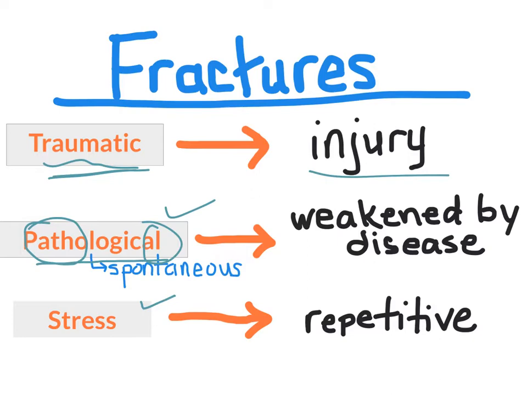Sometimes pathological fractures may be called spontaneous fractures, as they happen just spontaneously. There might be a slight trauma involved that ordinarily would not result in a fracture, such as walking up the stairs, walking across the room, opening a window. So again, weakened by disease, happens spontaneously.